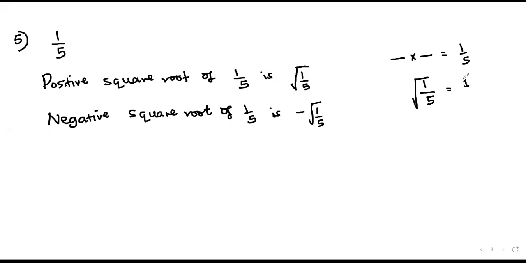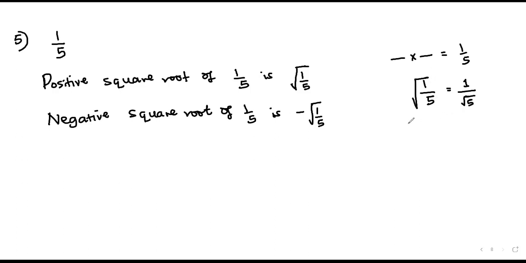For 1 alone, we can get 1 times 1 to get 1. That is okay. But 5, we cannot. So 5, we just write it as the square root of 5. You understand it? Yes.